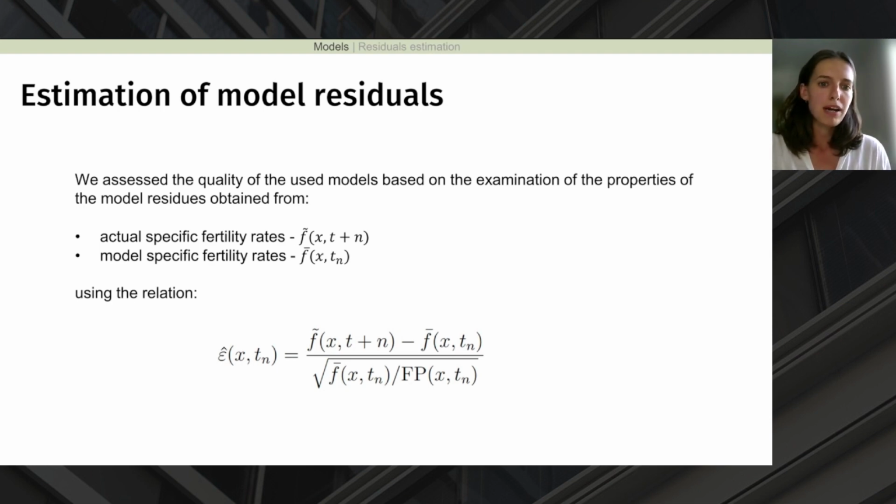The obtained parameter estimates were then used to calculate the model-specific fertility rate, using both the model-specific fertility rate and the fertility rates obtained from the Human Fertility Database. We computed the residuals of the model using the following formula, and this process yielded a matrix of estimated residuals that we further work with.